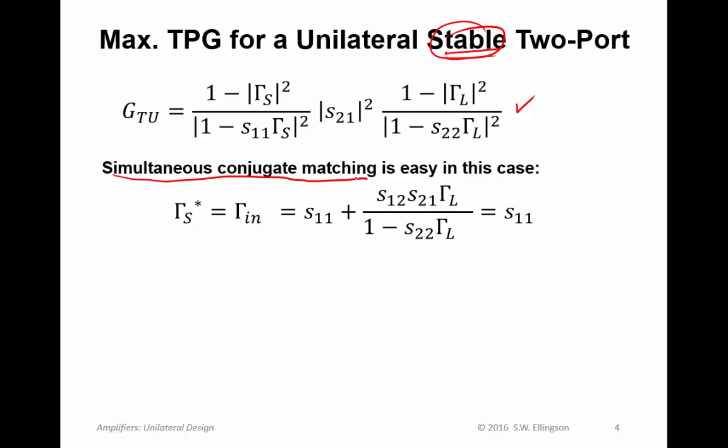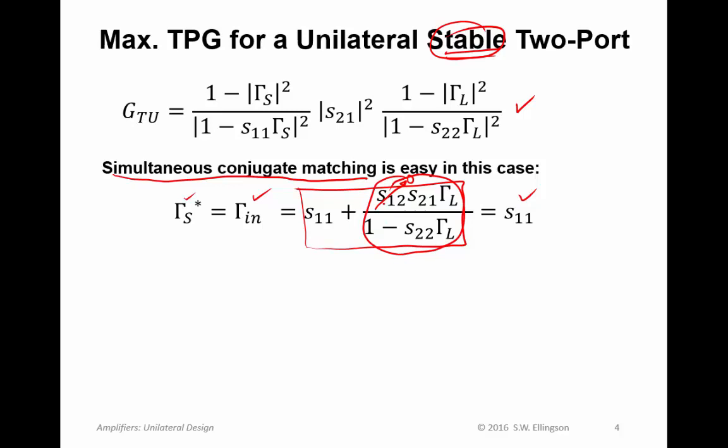In this case, it's pretty easy because gamma sub S conjugate equals gamma sub in, and here's gamma sub in from one of our very early lectures on two-port theory. And in this case, that's just going to be S11. The reason being that S12 is 0, so this whole term is 0.